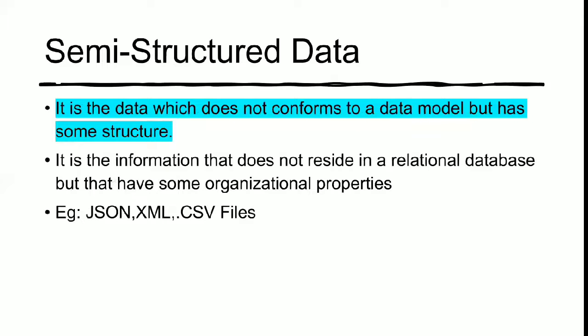Semi-structured data is data which does not conform to the data model but has some structure. It means semi-structured data does not exactly follow the data model that structured data has, but it has some structure. In structured data, we have a data model and it is wholly structured, but in semi-structured data, it is not.